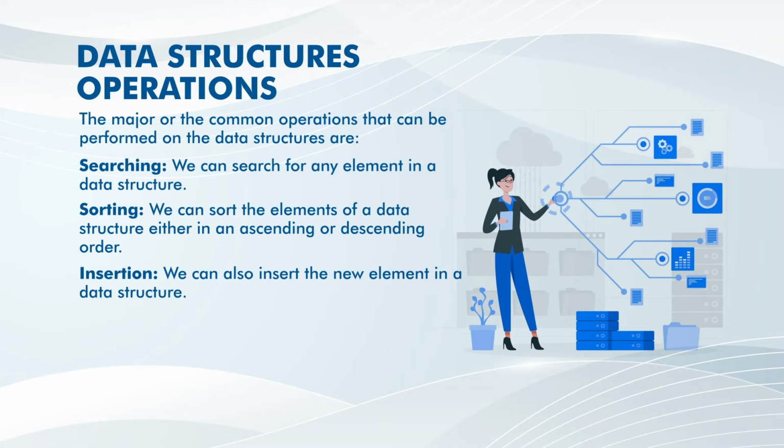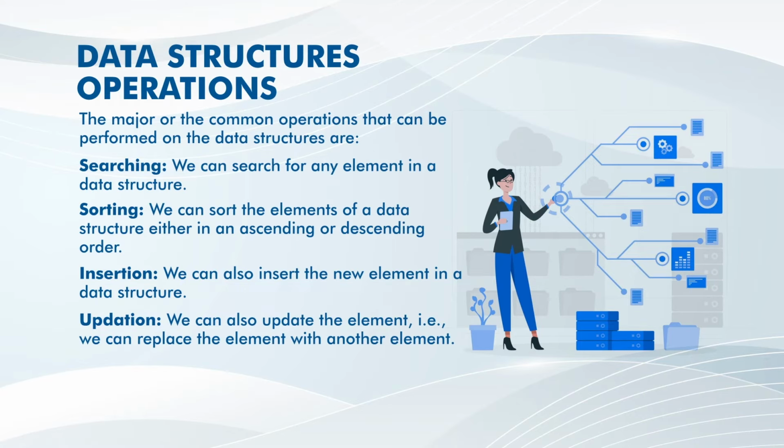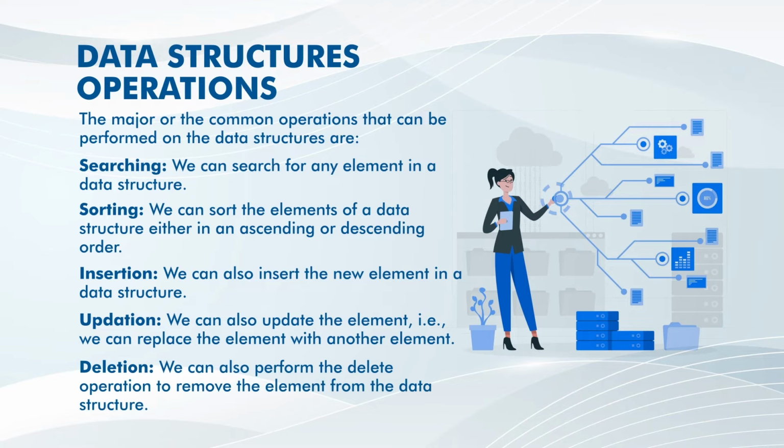Next is insertion. We can also insert a new element in a data structure. Then updation. We can also update an element, that is, replace the element with another element. And lastly, deletion. We can also perform the delete operation to remove an element from the data structure.